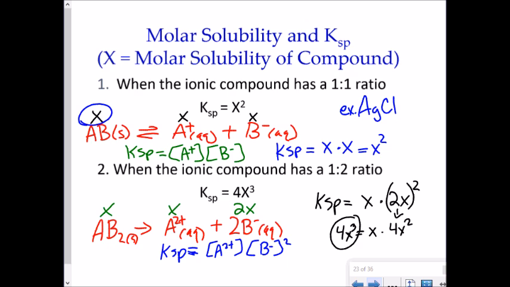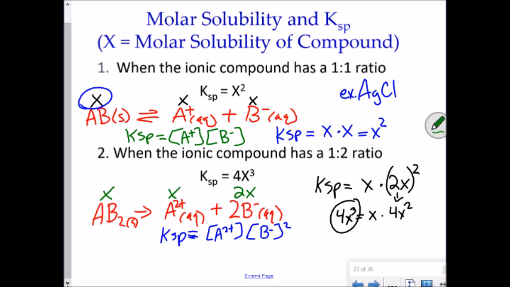Now, some examples of a 1 to 2. There are a couple different ways this could go. If we have PbCl2, that's just 1. But you could also have something like copper(I) carbonate, where copper is a +1 charge.